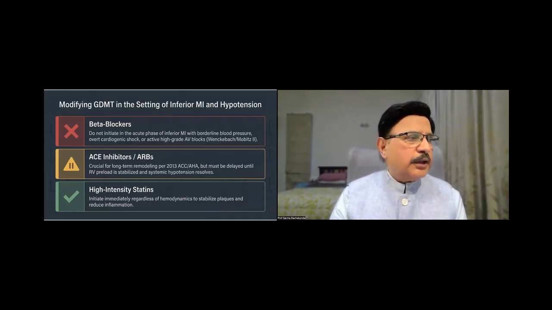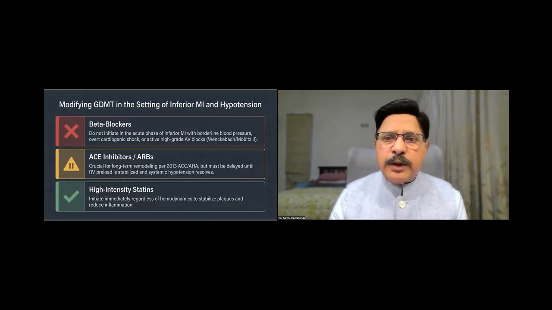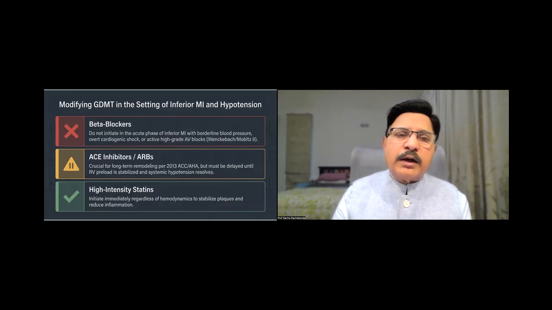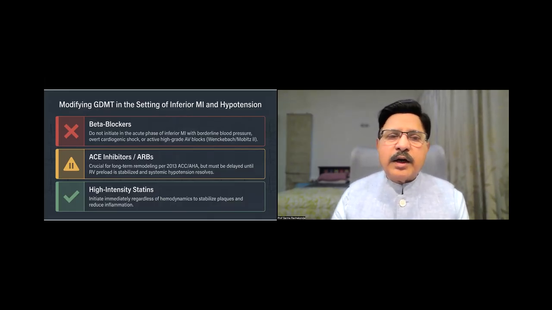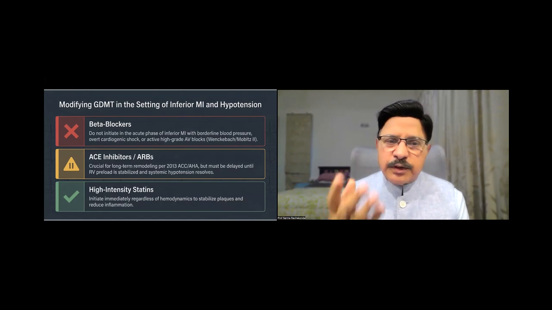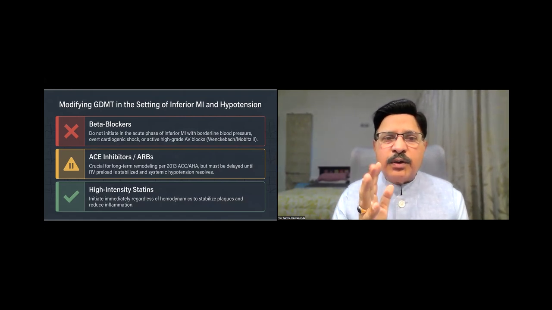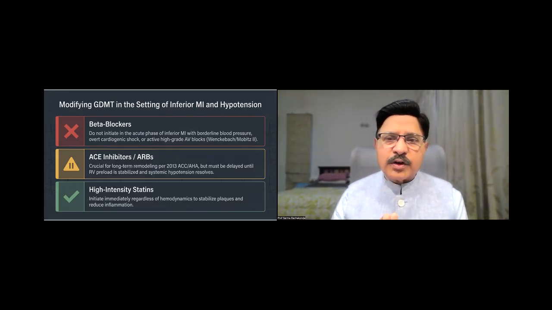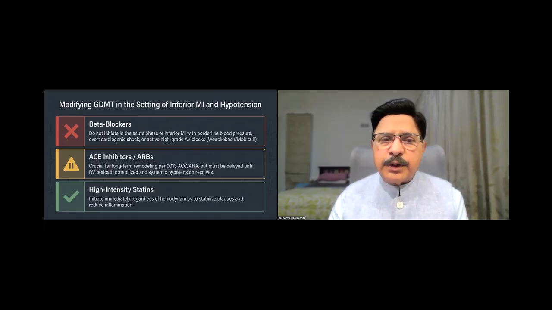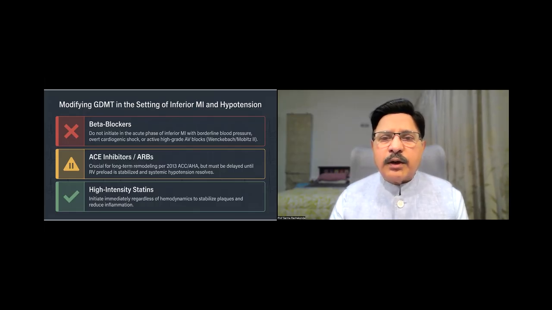Now, modifying the GDMT in the setting of inferior myocardial infarction and hypotension. What is GDMT? Guideline-directed medical treatment. It says three things, three pillars: high-intensity statin, ACE inhibitors, beta blockers. We have already seen that. Now you have to check if there is inferior infarction and hypotension, beta blockers are not indicated. Do not initiate in the acute phase of MI, inferior MI with borderline blood pressure, overt cardiogenic shock, or active high-grade AV block, Wenckebach phenomenon or Mobitz type 2.